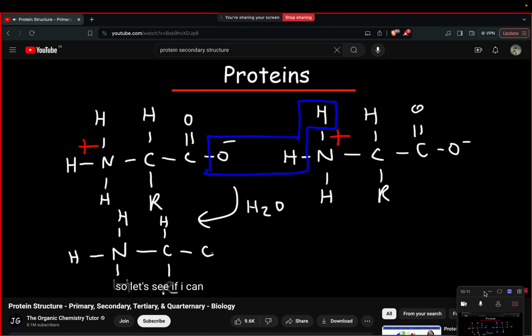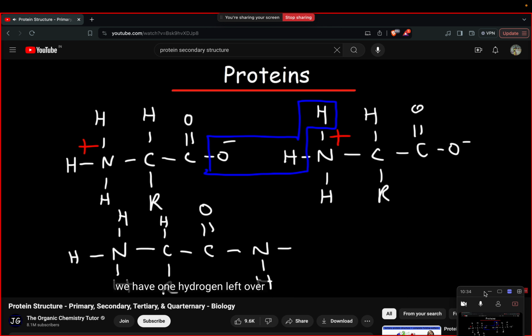So let's see if I can fit it in here. This oxygen is gone. So now we have a nitrogen. Let me take out H2O. We have one hydrogen left over. We lost two once we lost water.